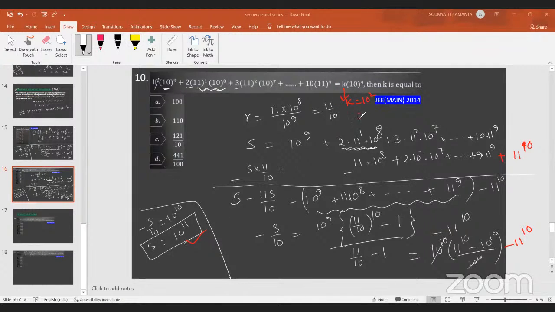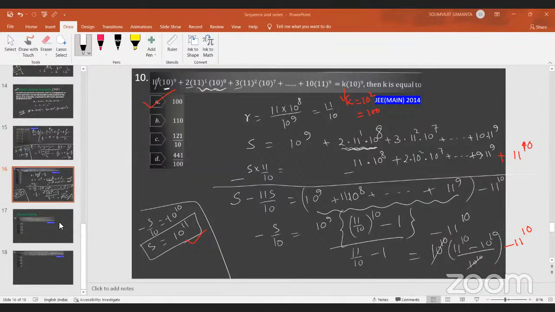So what is the value of k? 100. Is this clear? Yes, sir.